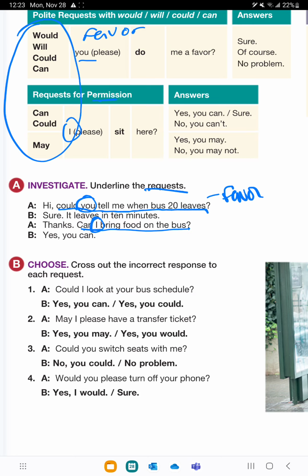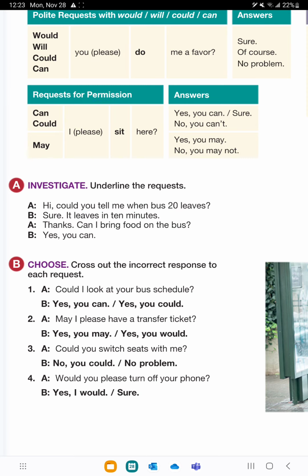Can I bring food on the bus? That's asking for permission. Yes, you can. So basically that's what we have. So your two answers here are going to be, could you tell me when bus 20 leaves? And can I bring food on the bus? Those are our two requests. One is a favor, one is for permission.